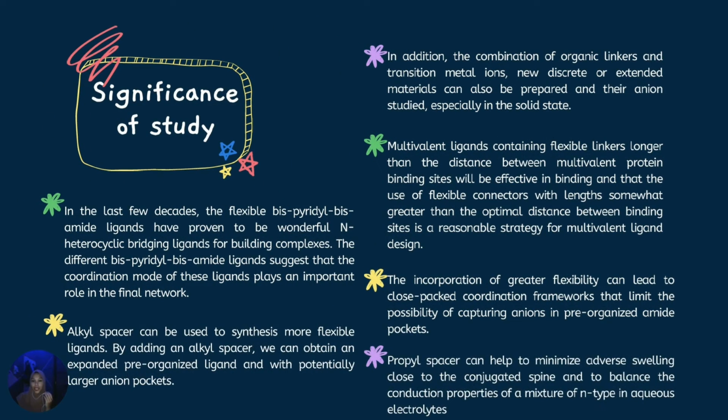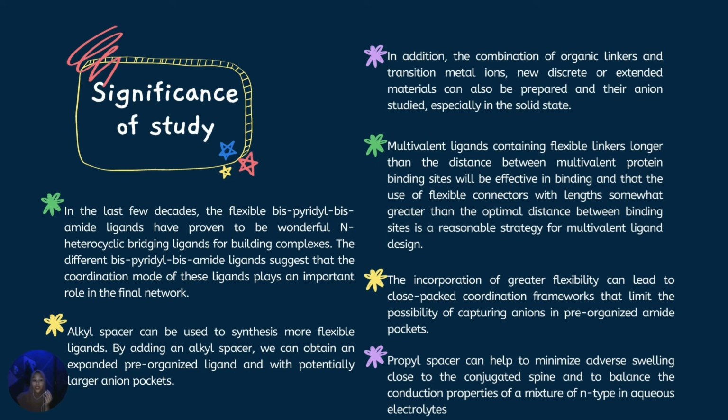Next is significance of study. The coordination mode of bis-pyridyl bis-amide ligand plays an important role in the final network. So if we choose the wrong coordination mode of ligand, it will affect our final compound structure. Alkyl spacer can be used to obtain an expanded pre-organized ligand with potentially larger anion pocket and more flexible ligands.